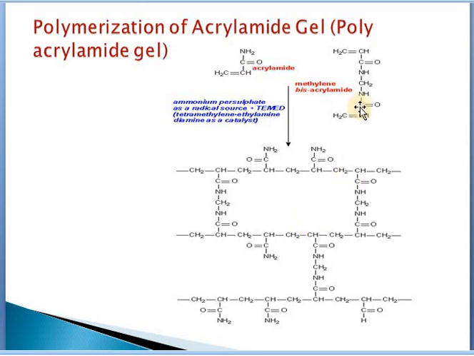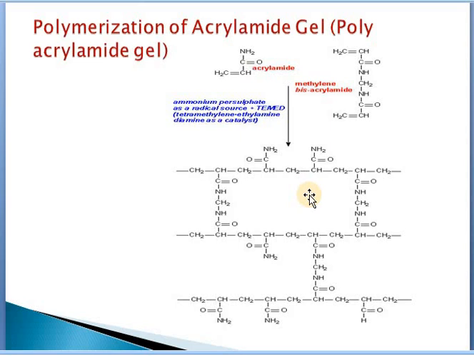By changing the concentration of these two, acrylamide and N,N'-methylene bisacrylamide, we can change the pore size of the gel. Suppose we want to separate a molecule with high molecular weight, we have to use a large pore size. That means a low concentration of the substances.